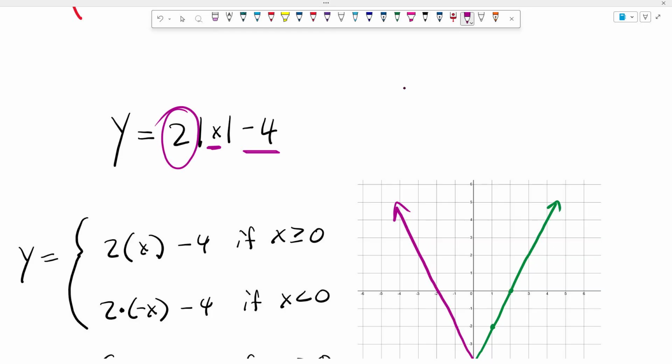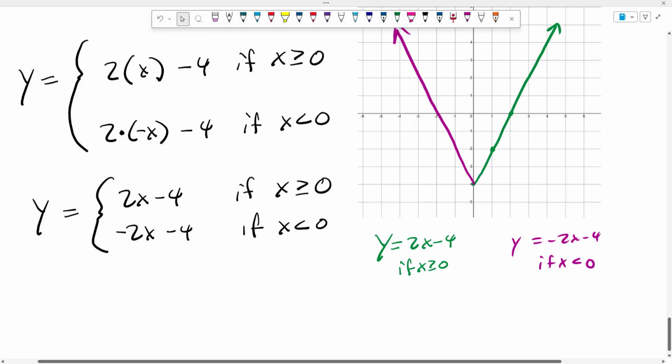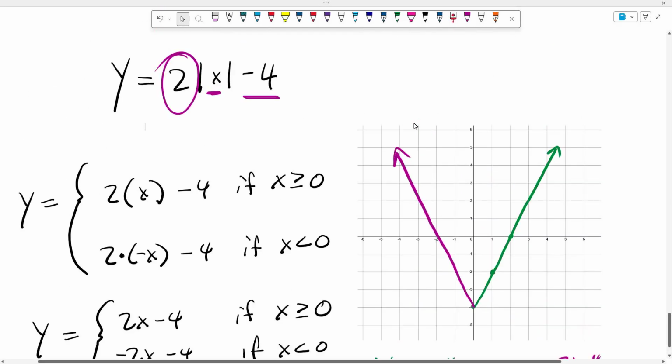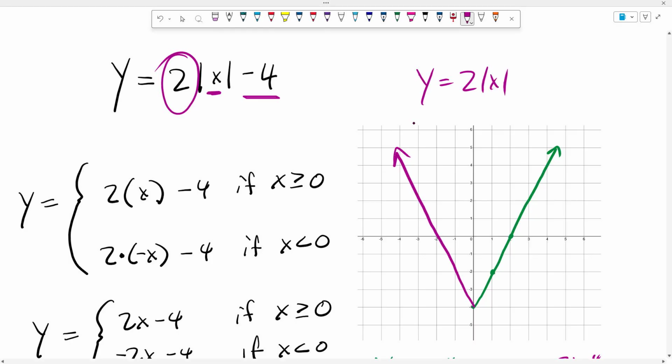Sometimes we call it a stretch because we're only dilating in one direction, only in the y direction. So if we took y equals 2 without the minus 4, it takes this function and multiplies all the y values by 2.